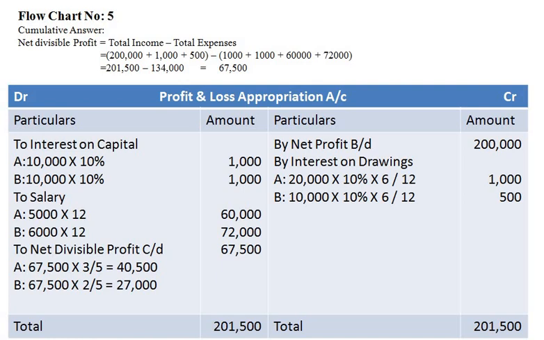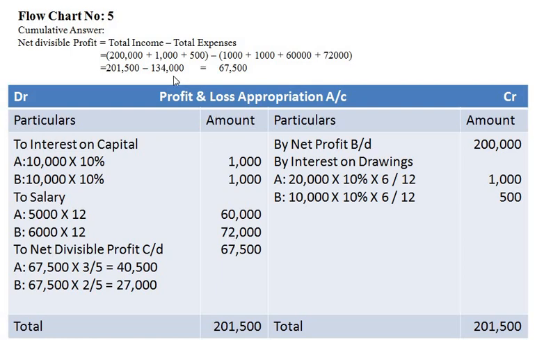Okay. All the adjustments we completed. Now we should find out the net divisible profit. How to find out net divisible profit? Calculate the total of credit: 200,000, 1,000, then 500. That way we are getting 201,500. Then find out the total of debit side: 1,000, 1,000, then 60,000, then 72,000.